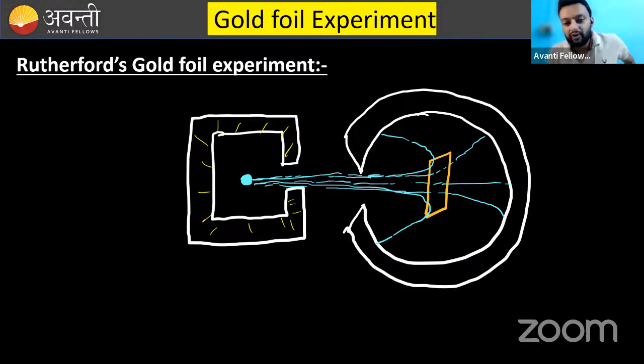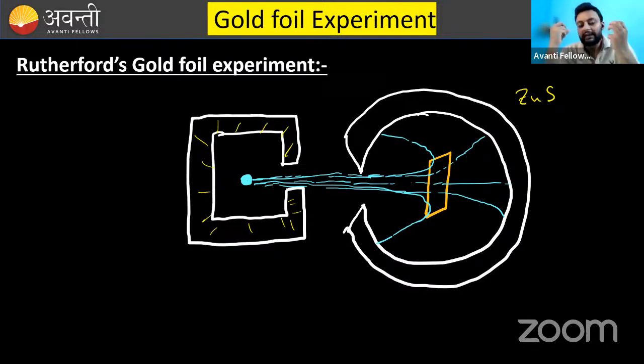After striking, what we observe, this is a boundary, or you can say wall, of zinc sulfide. What is observed is that most of these alpha particles pass without any deviation. Without any deviation means they are going straight, and the gold foil is not affecting their path.